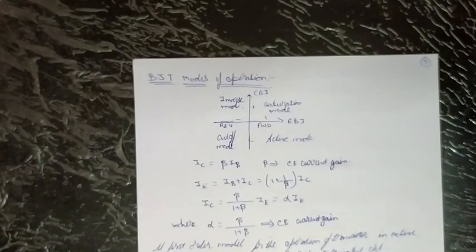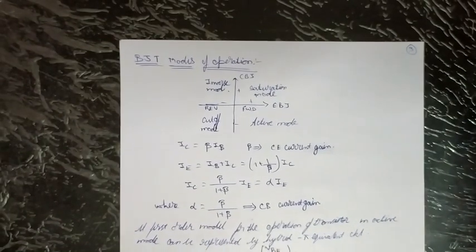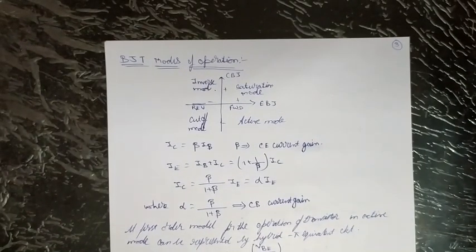In saturation mode, the emitter base junction (EBJ) and the collector base junction are forward biased. In this mode, an increase in base current produces no further increase in collector current. In cutoff mode, both emitter base and collector base are reverse biased, thus there is no current through the circuit.